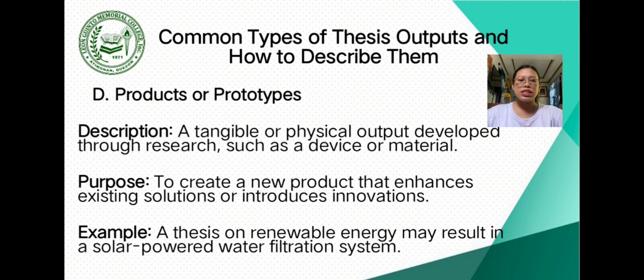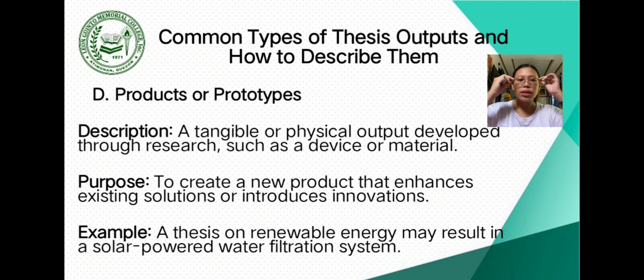Number 4 is the product or the prototype itself. It is a tangible or physical output developed through research, such as a device or materials. The purpose is to create a new product that enhances existing solutions or introduces innovation. For example, a thesis on renewable energy may result in a solar-powered water filtration system.